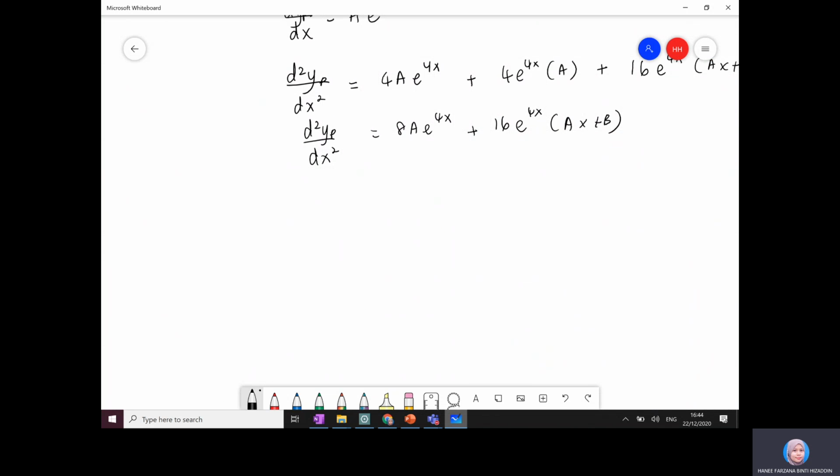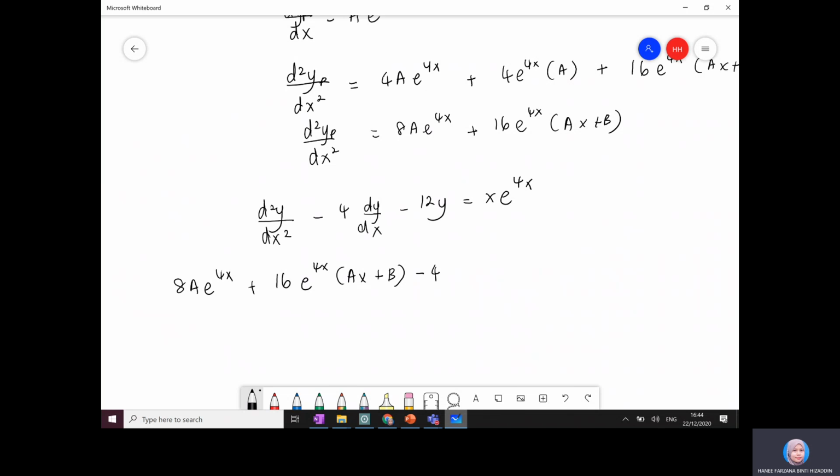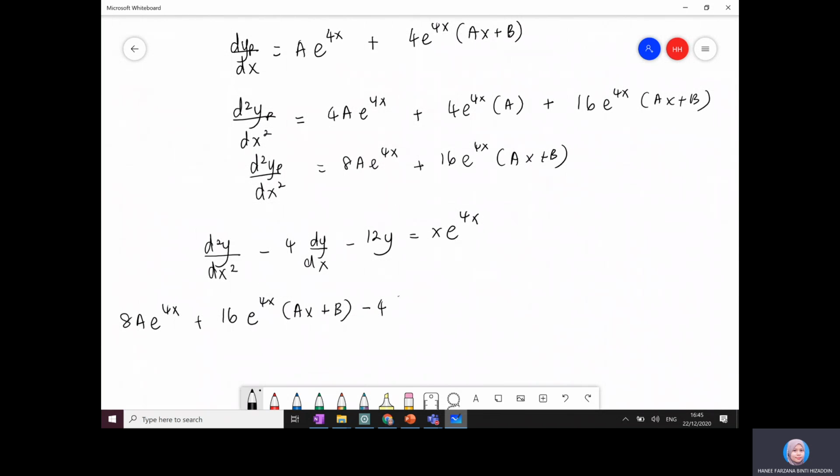Then what's next is you put this into the original ODE. So the original ODE is d2y/dx squared minus 4 dy/dx minus 12y equals x e^4x. So d2y/dx squared is 8a e^4x plus 16e^4x times ax plus b, minus 4 times dy/dx. So dy/dx is a e^4x plus 4e^4x times ax plus b, minus 12y.